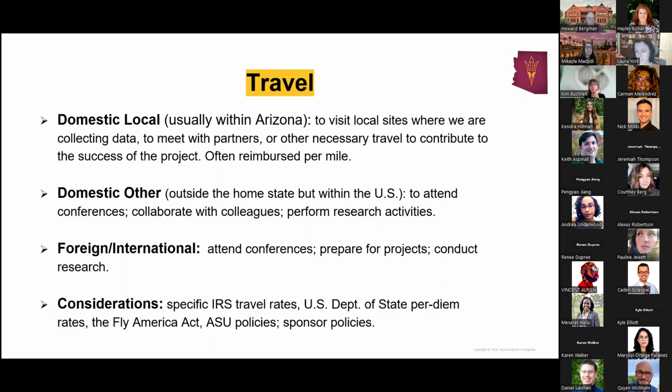One note too is that ASU does not permit payment of dependent care costs for business travel, and therefore it should not be included in the budget. Even though the sponsor may consider this cost allowable, a general rule of thumb for budgeting on proposals is that the most restrictive policy applies. So in this case, it would be ASU's policy.